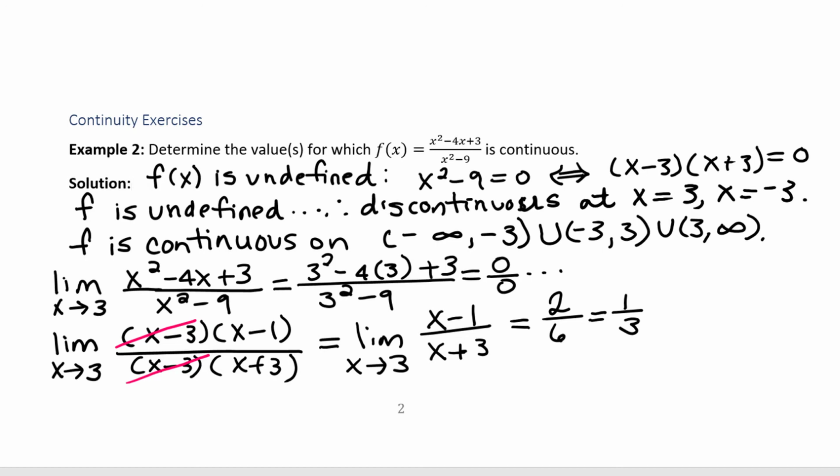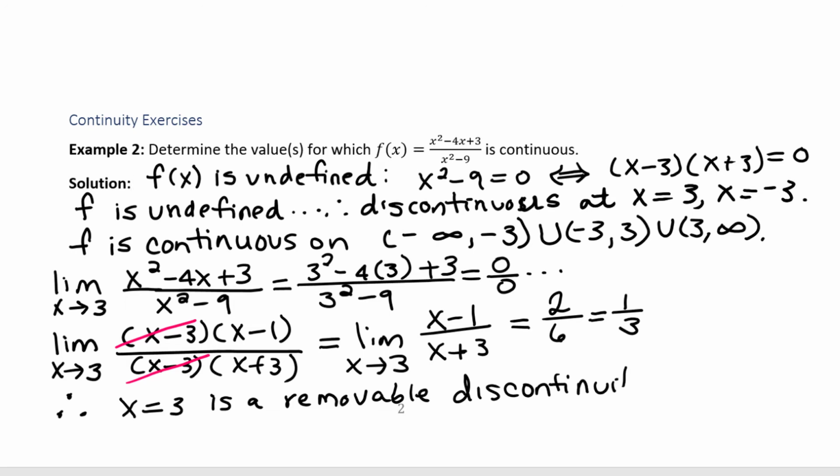Then we can say, thus, x equals 3 is a removable discontinuity and x equals negative 3 is a vertical asymptote.